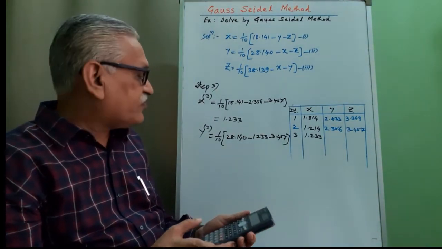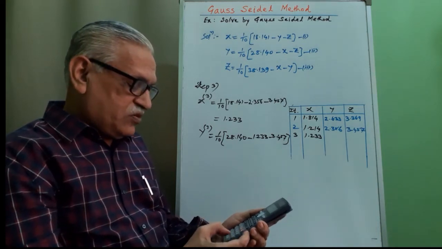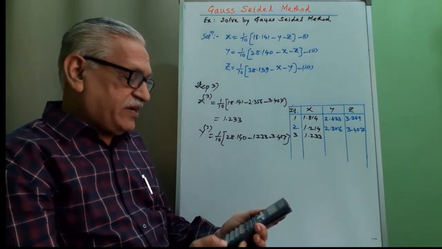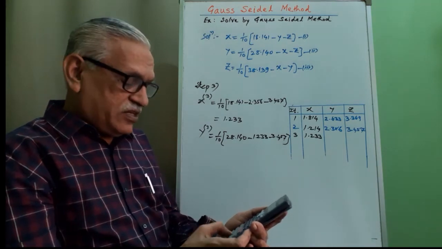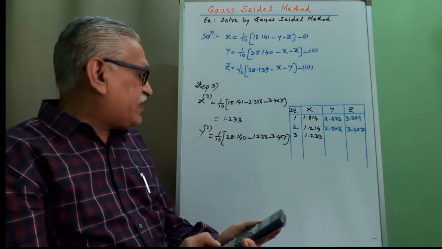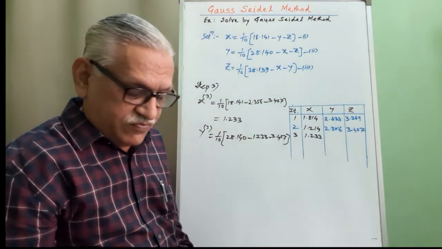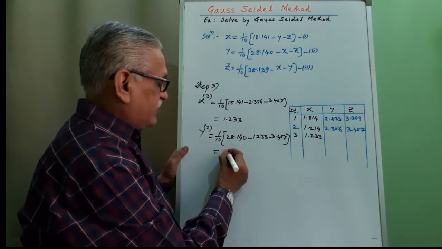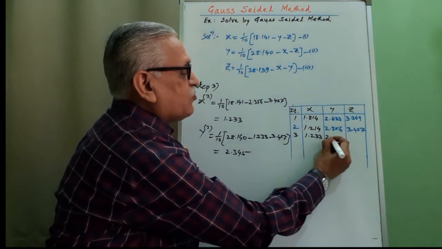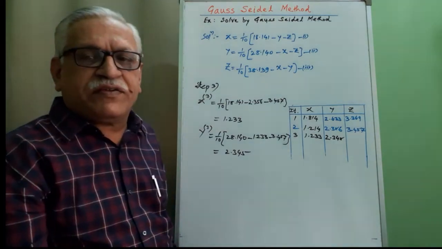Simplifying it by calculator, 28.140 minus 1.233 minus 3.457, into 1 by 10, we get 2.345, as the new value for y.